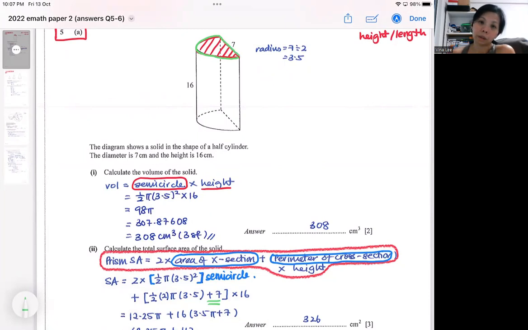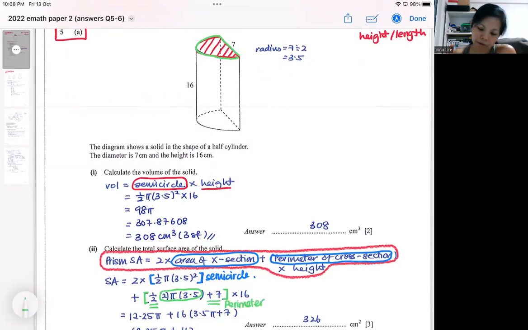Perimeter means the edges of the cross section. So there are two edges. One will be the semi-circumference. Circumference is 2 pi r, so you must remember to do a half on it. And then you add the 7. So this part is the perimeter part.